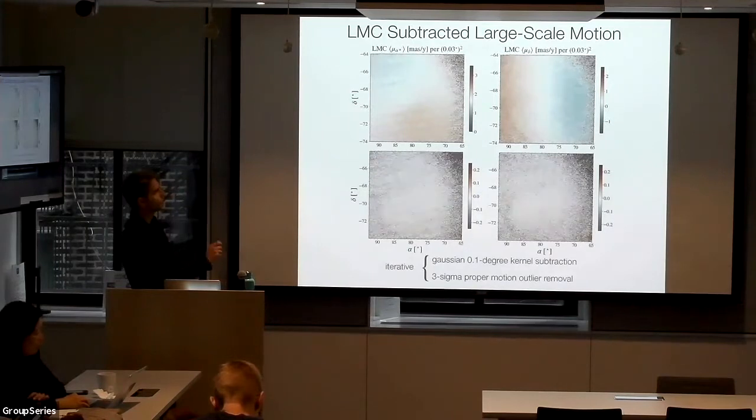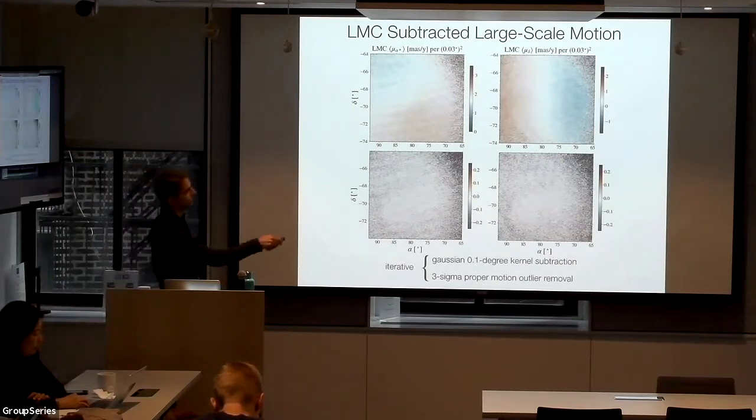So if you take the raw data from before and you plot the motion in the horizontal component or the motion in the vertical component, you see these, of course, big large scale patterns. It's also not centered at 0 because the Large Magellanic Clouds, both of them are moving, and this pattern here is from the rotation.